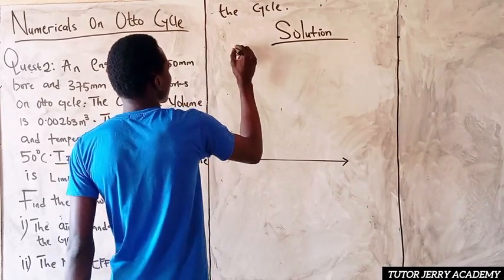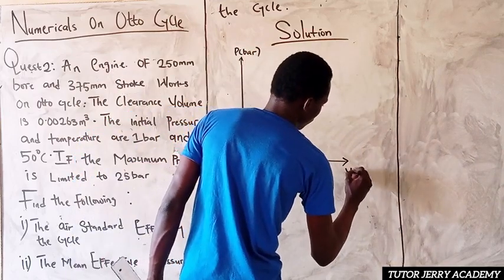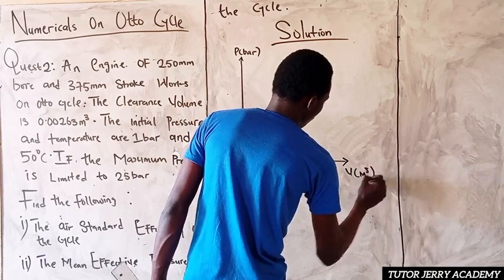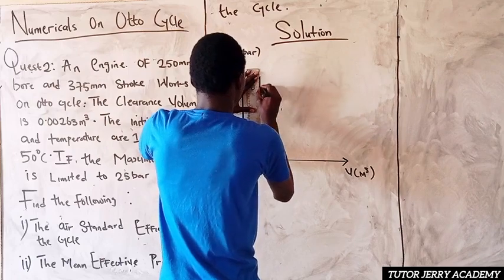Our P, which is pressure in bars, and our volume in meter cube. Of course, our processes.